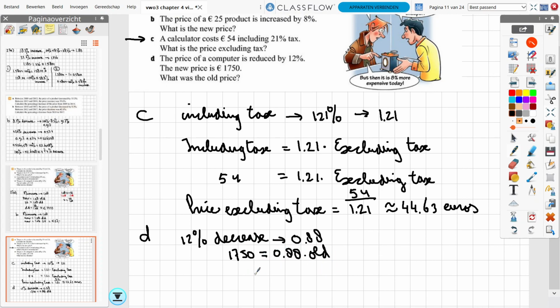We want old, so old is equal to, well, balance method again. You see that when you use this, you're actually doing approximately the same trick every time. This gives me approximately 1988 euros and 64 cents.